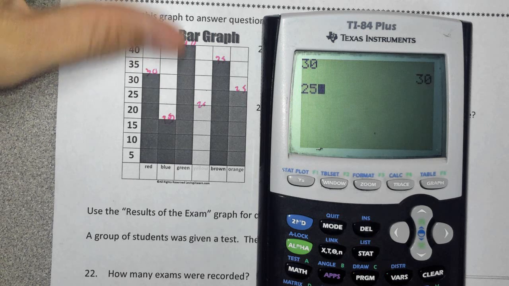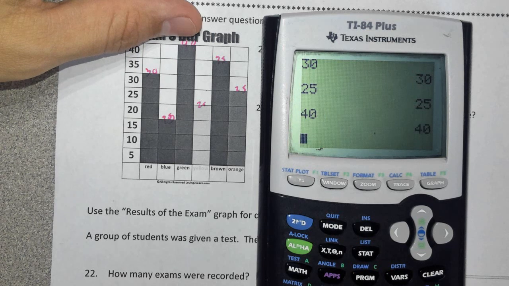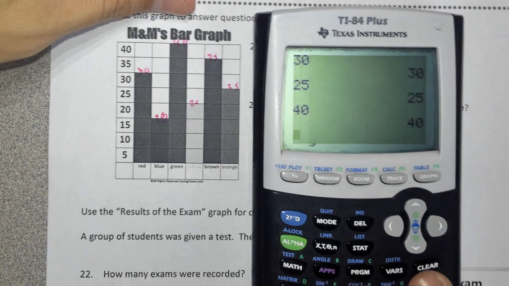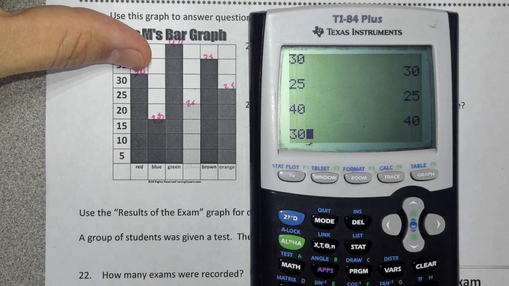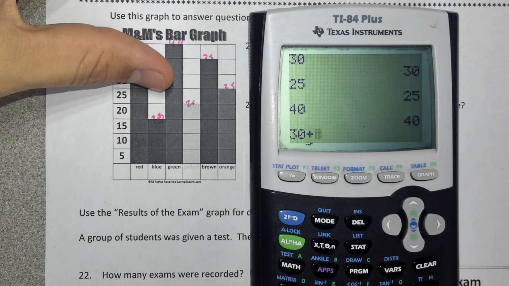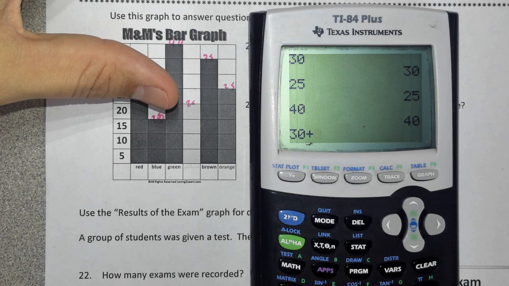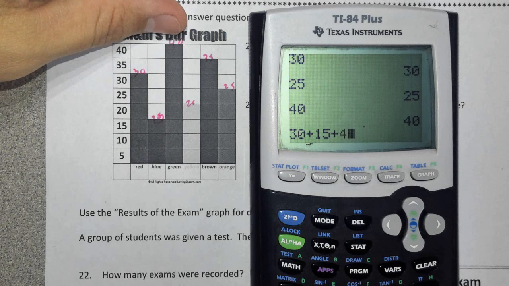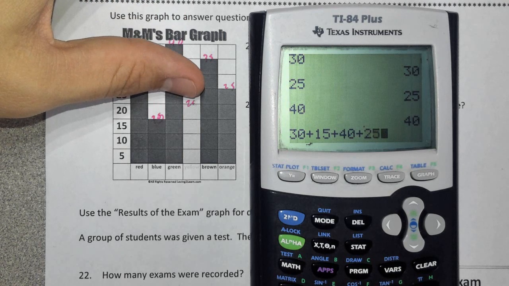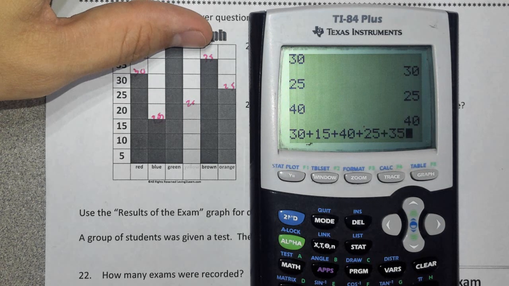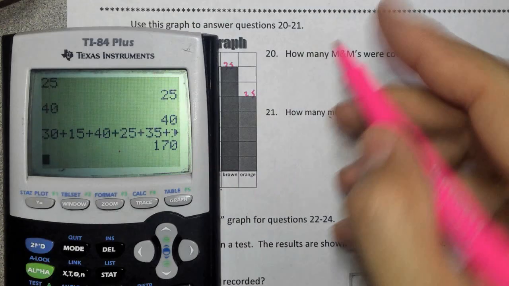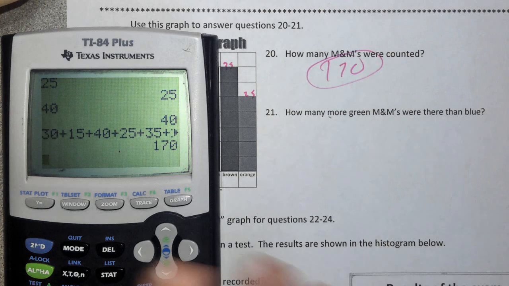Sorry, wrong buttons. 30 plus 15 plus 40 plus 25 plus 35 plus 25, enter. 170.